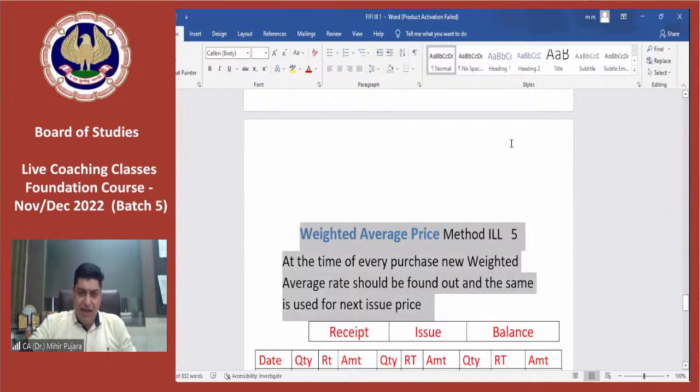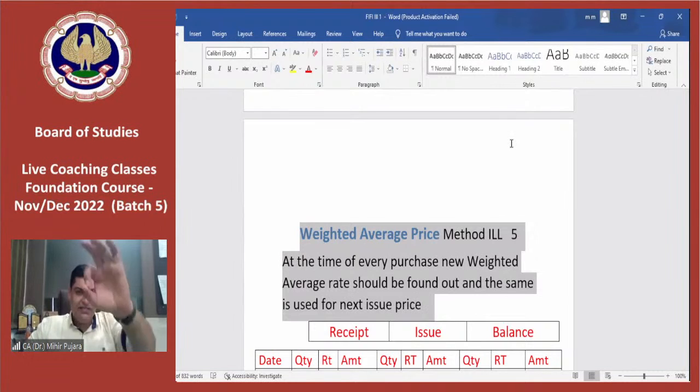At the time of every purchase, a new weighted average rate should be found out, and the same is used as the issue price for the next issue. At the time of every purchase, we have to find out the new rate, and this new rate will be used in an issue as the issue price.